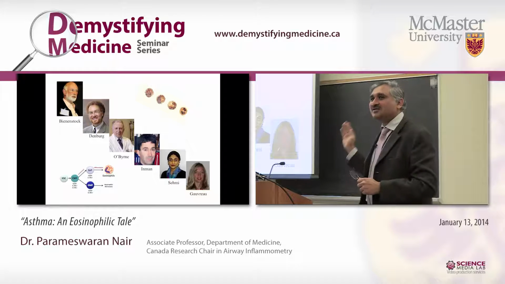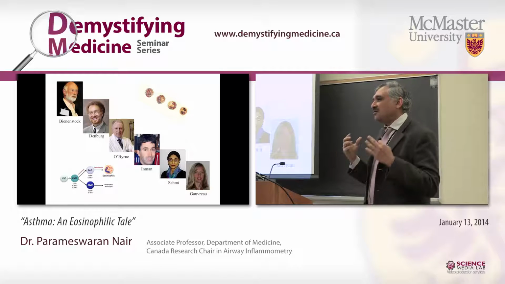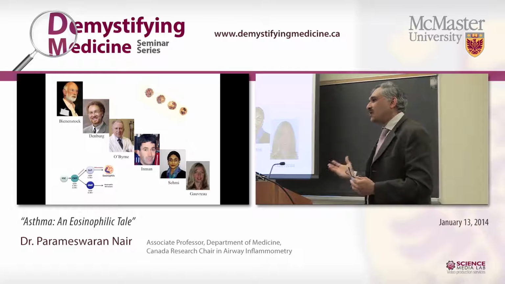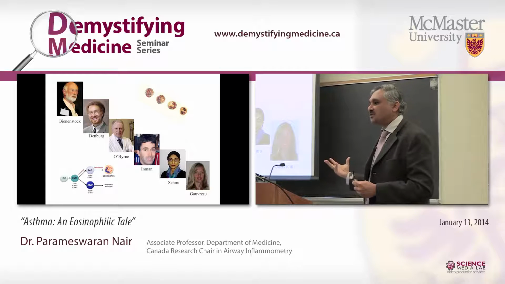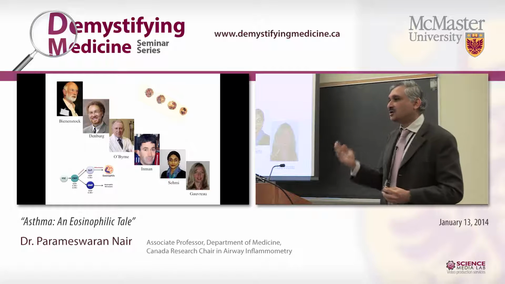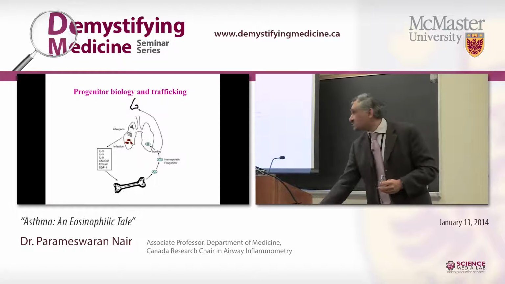But these investigators in their laboratories have shown that when you have an allergen exposure, if you have an infection, the cells are mobilized from the bone marrow, immature cells, and these immature cells, along with mature cells, get into the blood and then track into the lung. So there is a possibility that these immature cells could come into the lung and stay there.